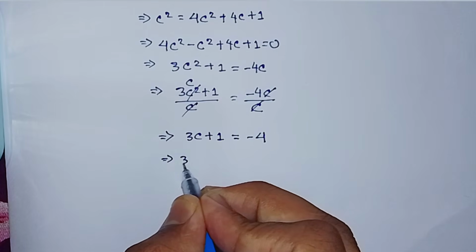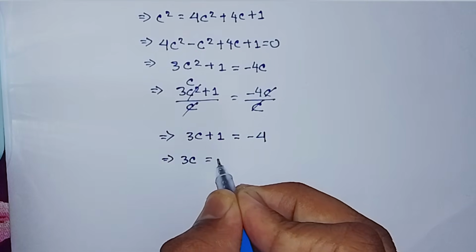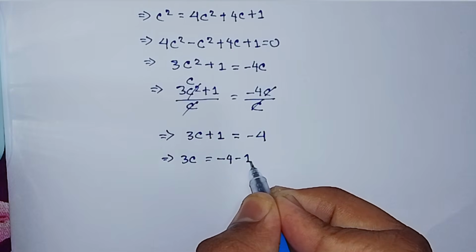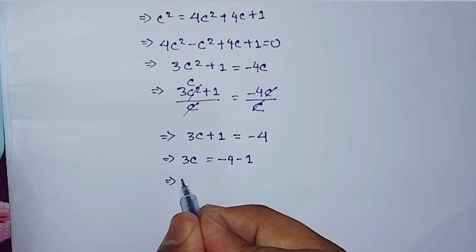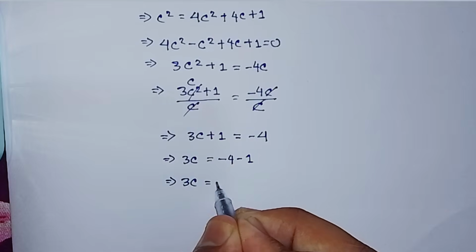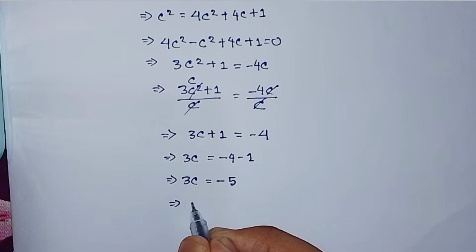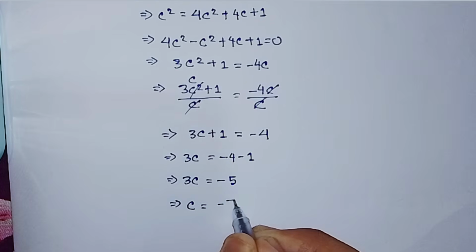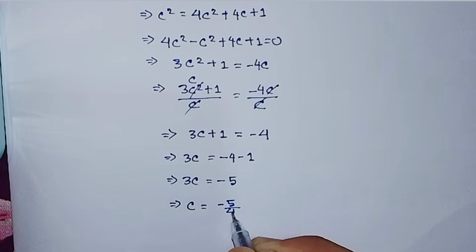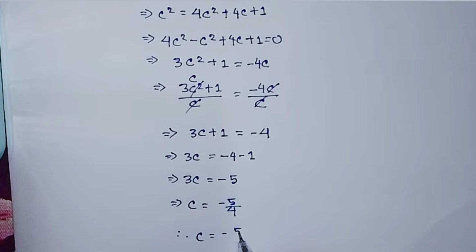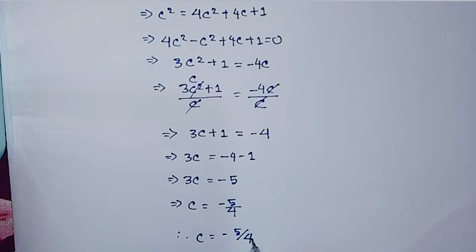Then we can take 3c in here, then minus 4, this plus 1 will be in here minus 1. Then this 3c = minus 5. Then we can take c = minus 5 by 4. So this is the value of c = minus 5 by 4.